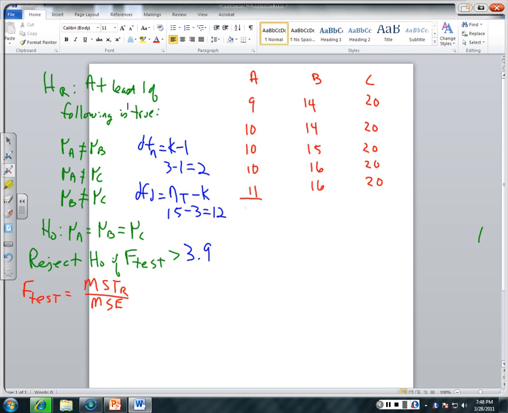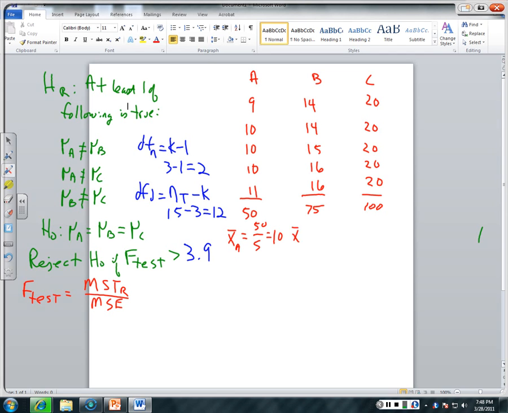I'm going to do some adding here. First of all, I'm going to get the means for each group. I would write the formula out, but I'm just going to write that it's 50 divided by 5 is equal to 10. Space is at a premium here.